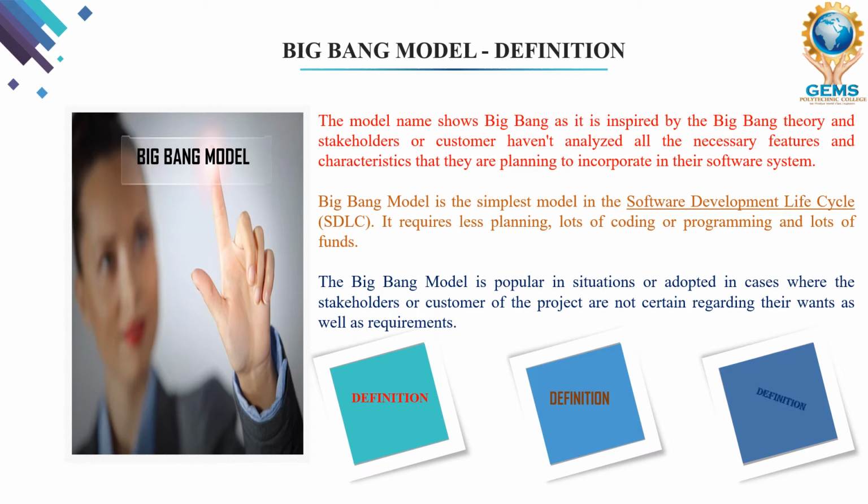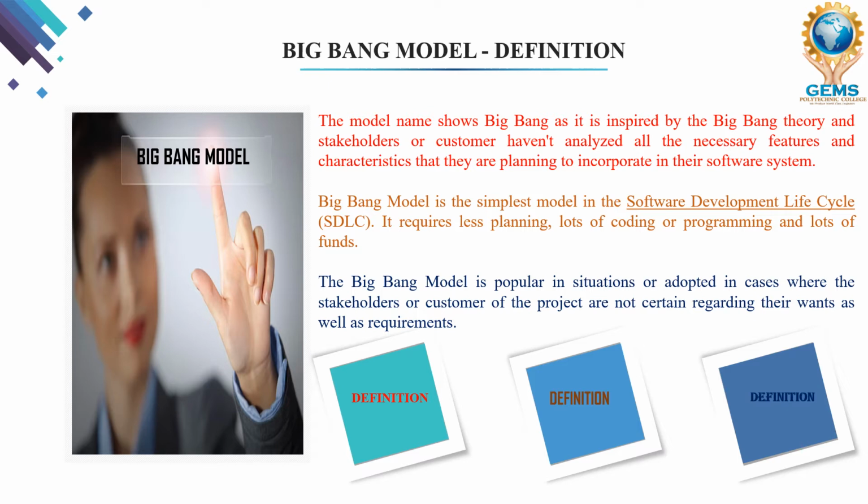And at last it says that the Big Bang model is mostly popular in that situation where the stakeholder or customer does not have a clear idea or clear understanding about their project or their requirements. Clear?